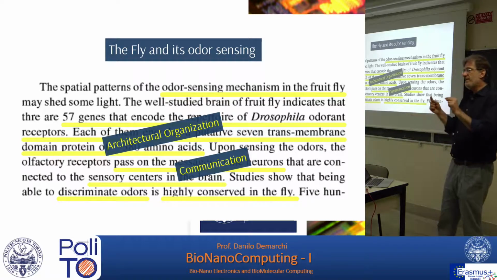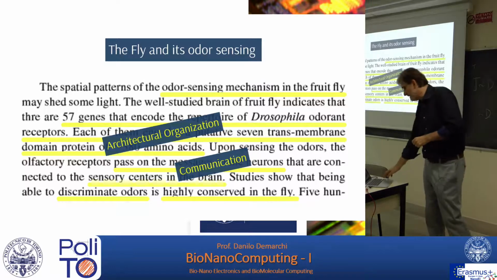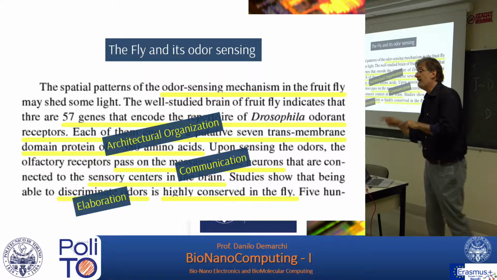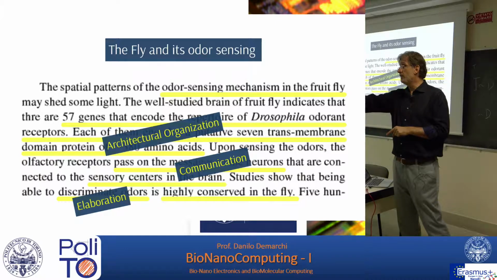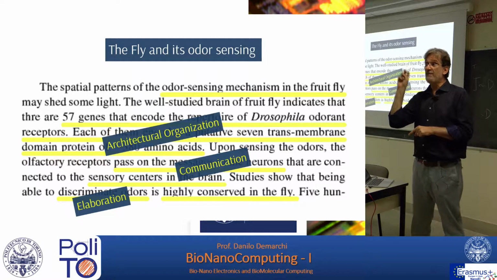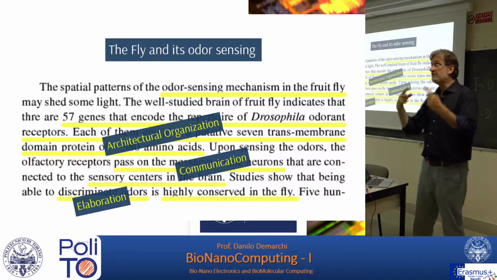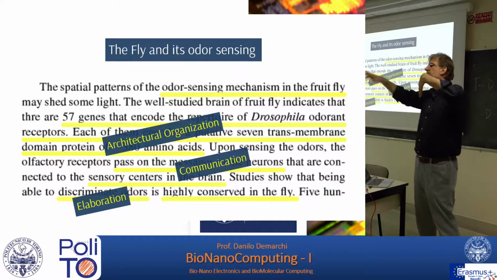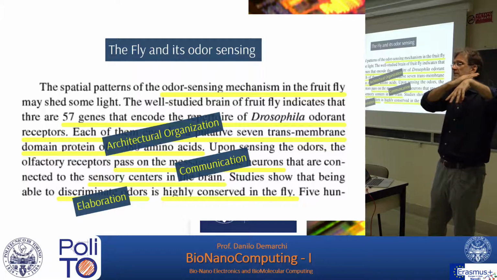Then everything goes to the sensory center in the brain. And these centers elaborate and they say, ah, this is the odor you are looking for. They have an artificial intelligence algorithm, let's call it like this, that takes the information from all the genes and says, okay, this is the odor of something that I don't like, let's go out.